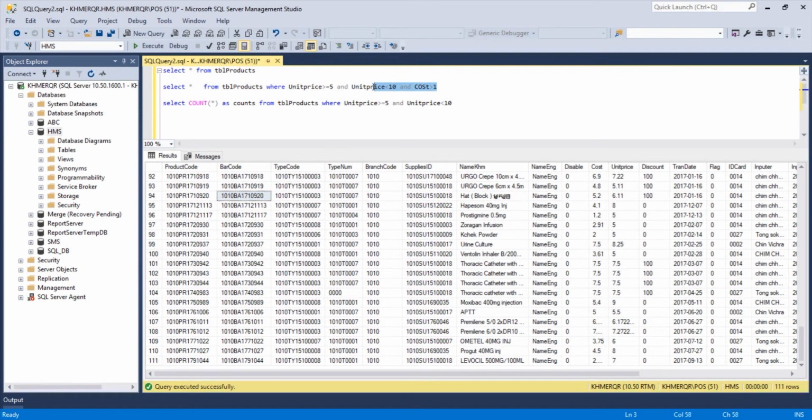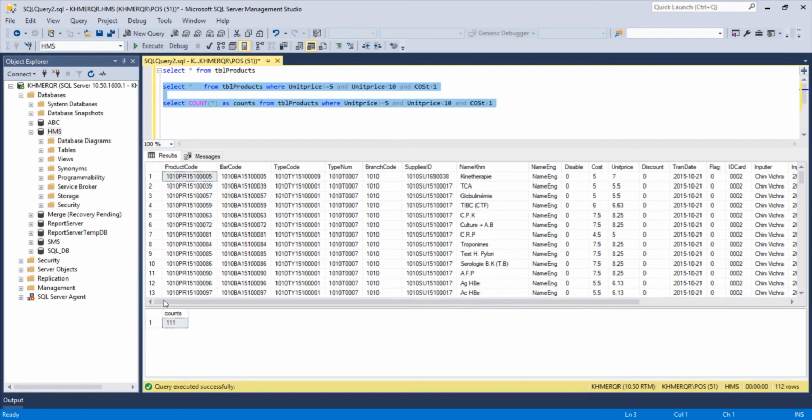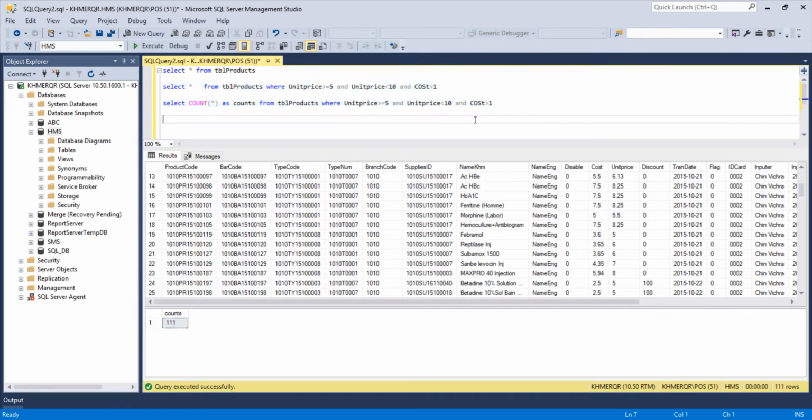So when we put one more condition, we get the right count. We use count for how many rows meet the conditions, to make the condition more specific.